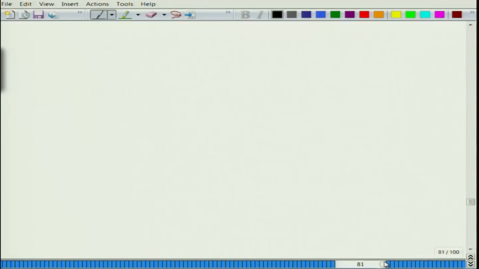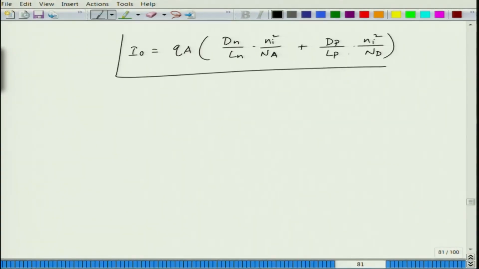If we replace those values, we get I0 equals qA times Dn by Ln Ni squared divided by Na, plus Dp by Lp Ni squared by Nd. Okay, I0 we did not know what the expression would be. Now we have it.